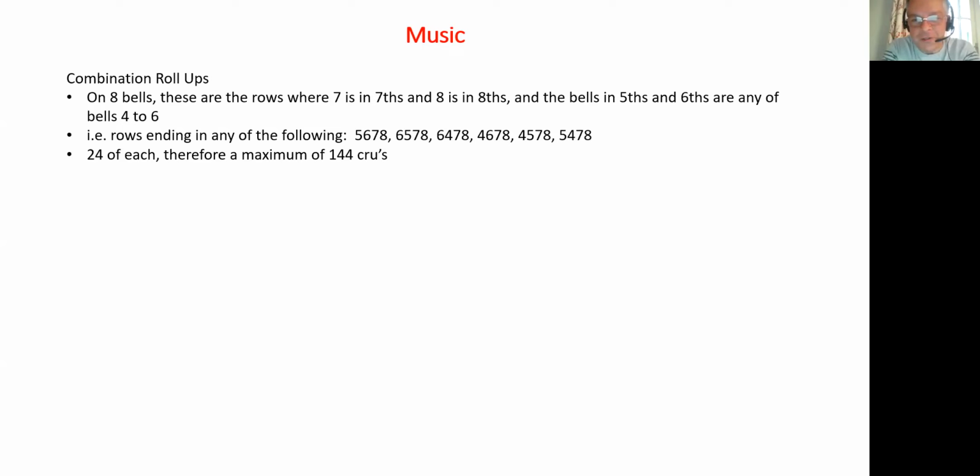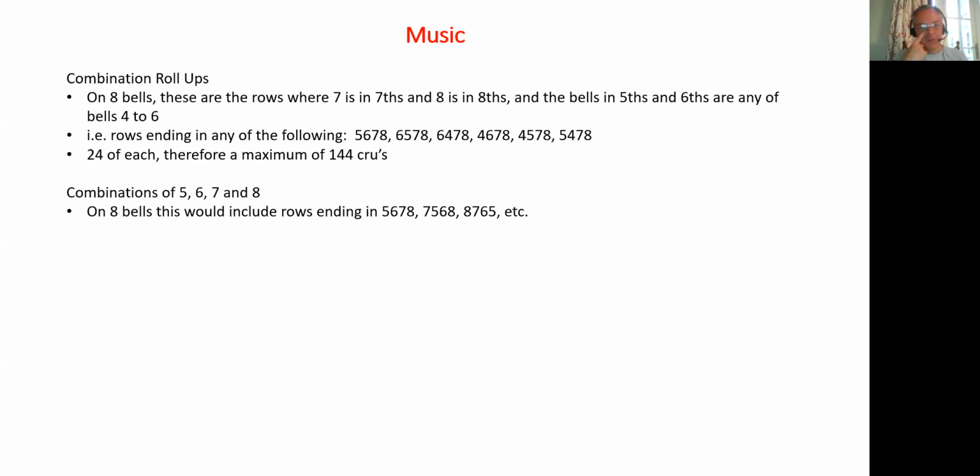There are 24 of each of those, so you can get a maximum of 144 combination roll-ups in a peal, and you will see a lot of older style compositions that aim to get that maximum number of combination roll-ups. However, it's not really in fashion anymore, so you tend not to see it quite so much nowadays.